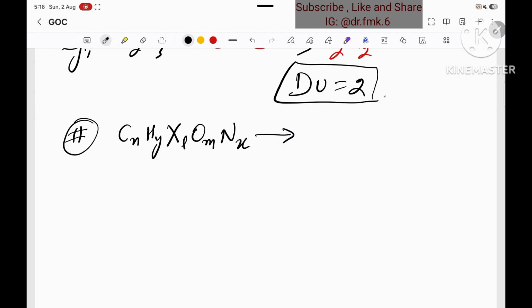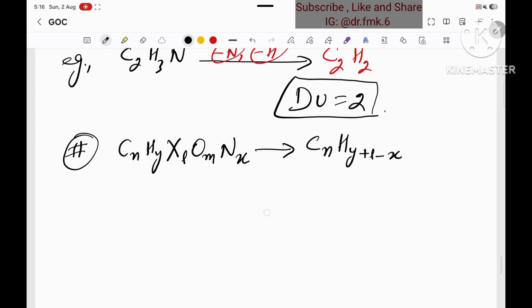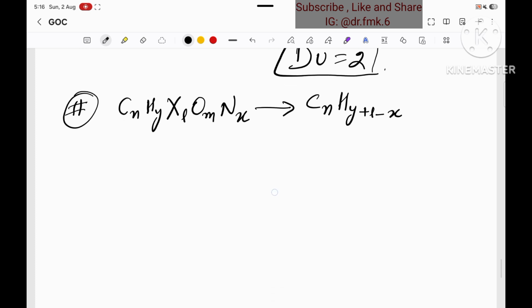We will make it CnHY plus L, because we will add the same number of monovalent atoms, and minus X. Now we will make a formula for this.